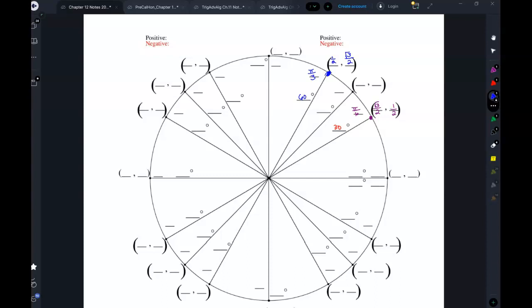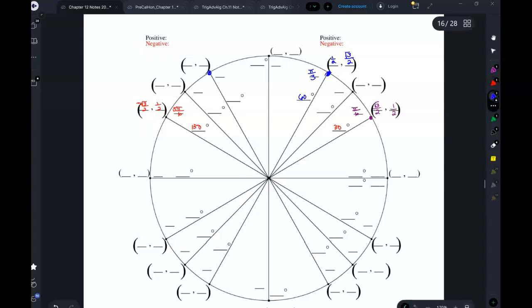Now let's do 30 and 60 on the opposite side. So this is going to be 150 degrees and 5 pi over 6. To get to that point, longer horizontally, shorter vertically. So I have to go negative root 3 over 2, positive a half.